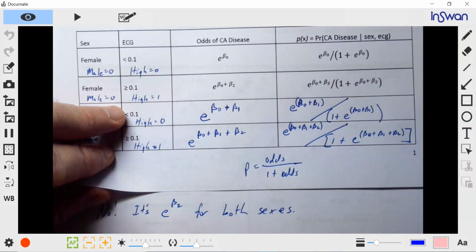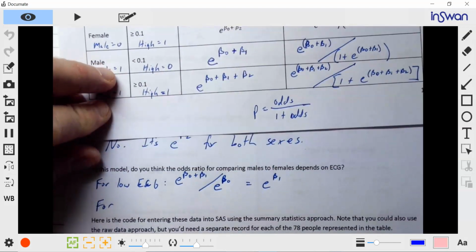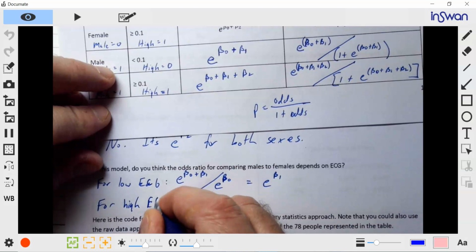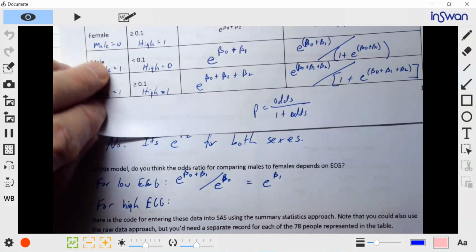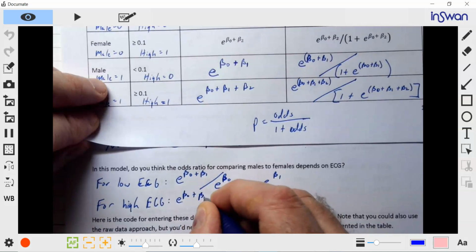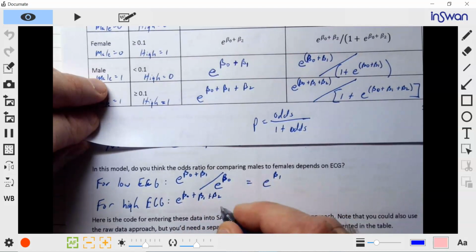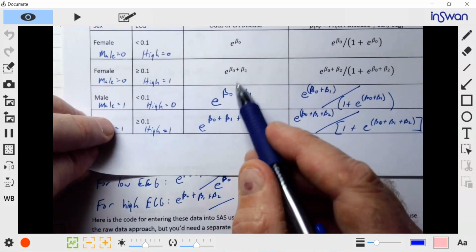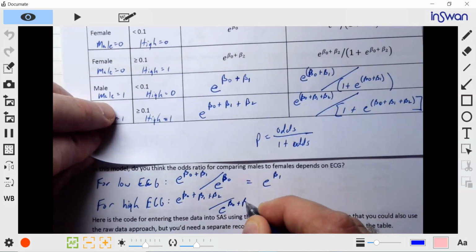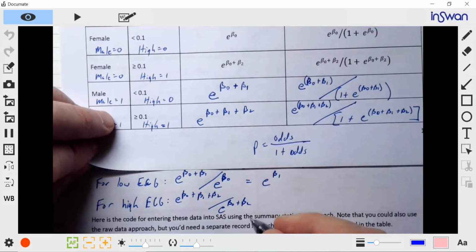And then for high ECG, we have e to the beta 0 plus beta 1 plus beta 2 divided by females with high ECG, which is e to the beta 0 plus beta 2, right?